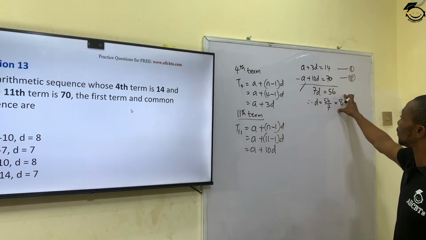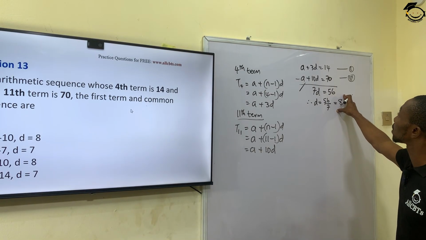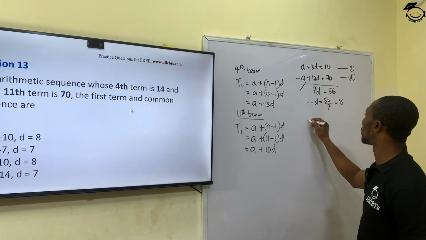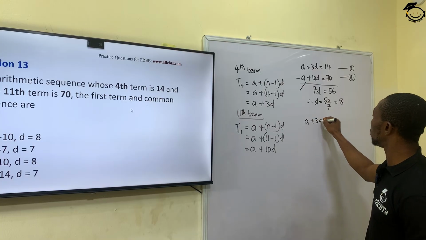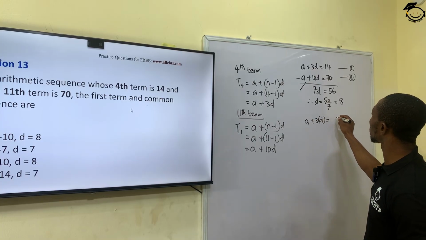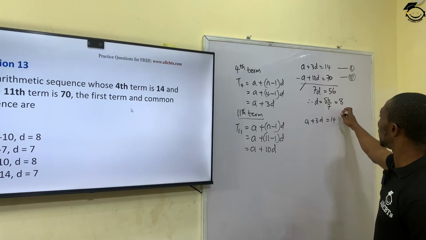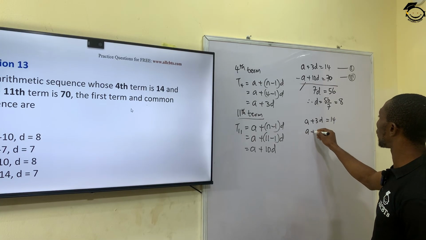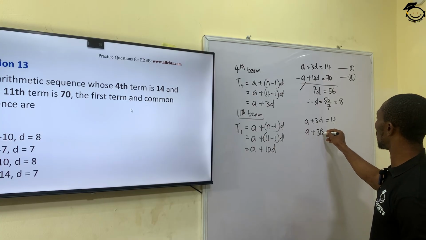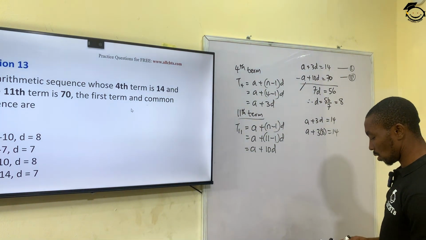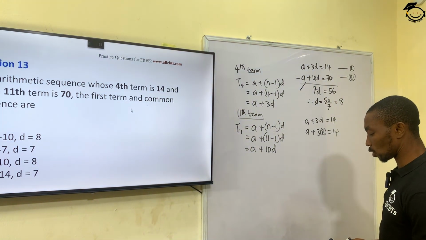Now substituting our value of d, 8, into any of these equations. So let's go for equation 1. a plus 3d equals 14. So where d is 8, this becomes a plus 3 times 8 equals 14. And 3 times 8 will give us what? 3 times 8 will give us 24.